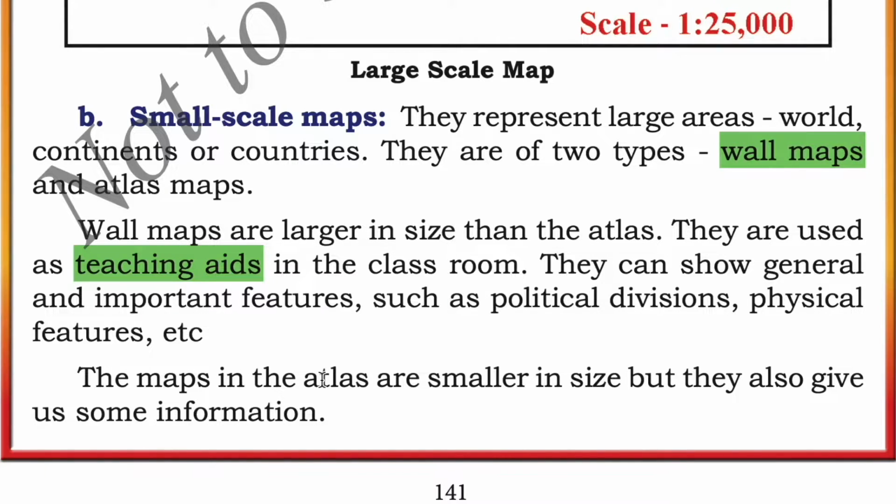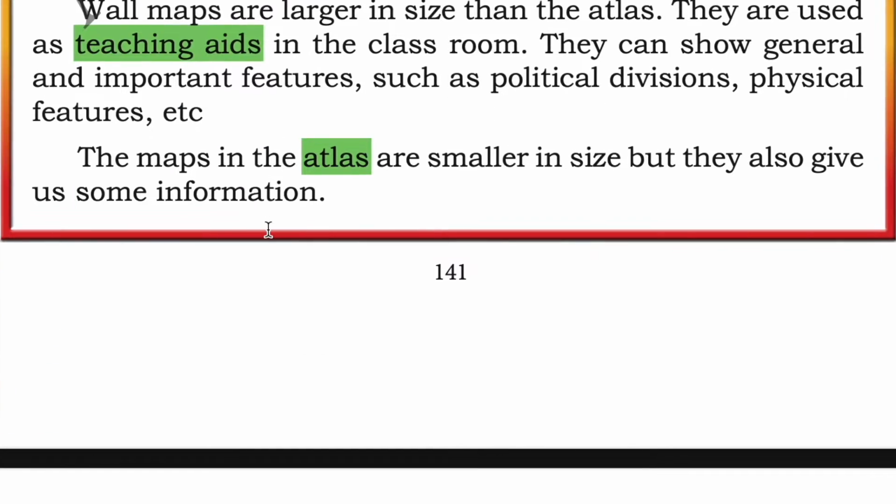The maps in the atlas are smaller in size, but they also give us some information. These are the kinds of map that you usually use in your atlas, or you can buy from shops and use it for your annotation purposes for your learning, and then stick it inside your notebooks. So these are the second type of small scale maps.